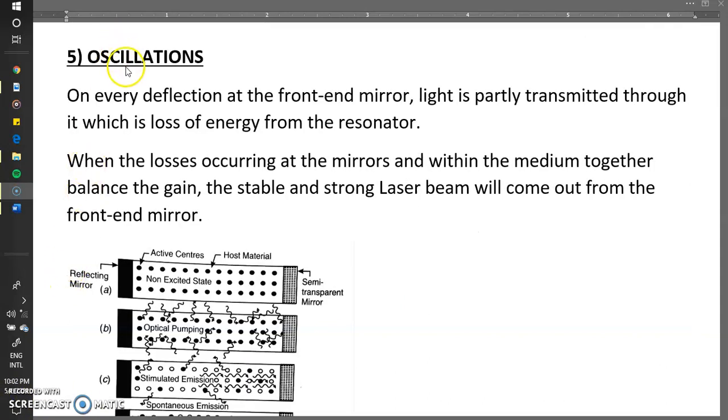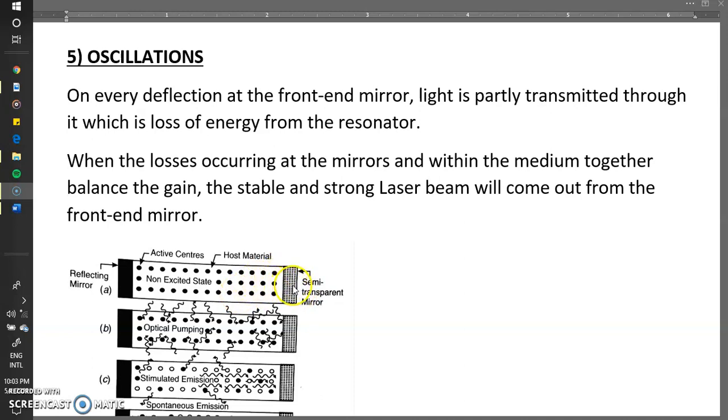Next, we'll see oscillations. On every reflection at the front end, since it is partially transmitting, the light is partially transmitted through it, which is a loss of energy from the resonator.